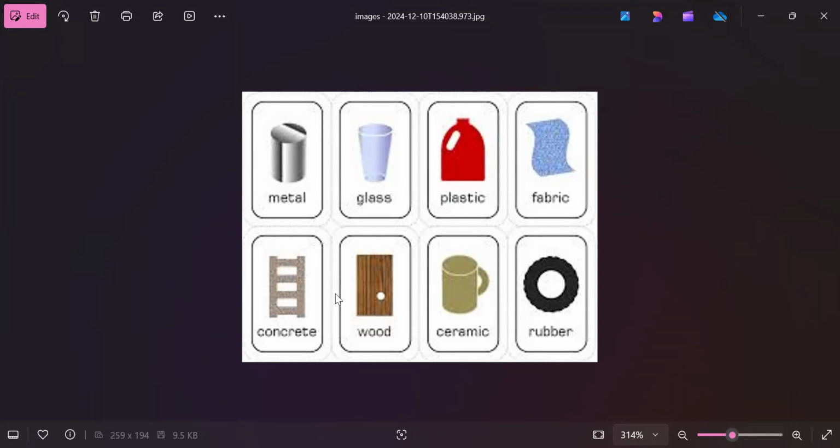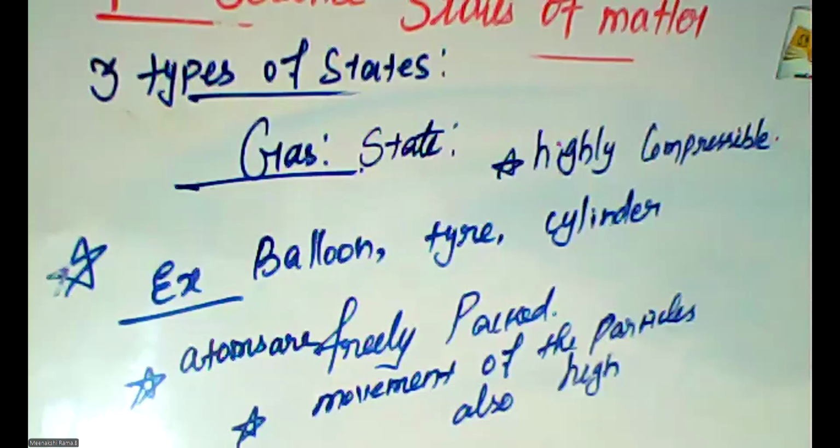They have definite shape, definite volume, and definite mass also. We can't break these materials easily. They are very less compressible; only one or two materials like fabric and sponge are compressible. Tires and ceramic materials are not compressible. So these are all solid material examples.